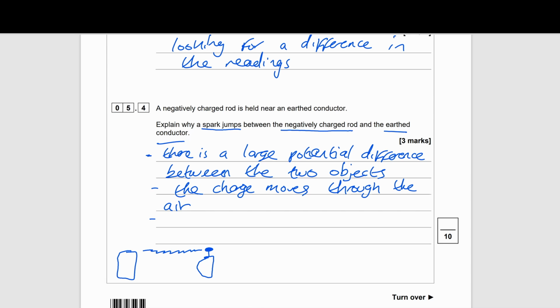The thing that's negatively charged is the rod. So it means that it's going to move to the conductor. We need to make that direction clear. Our negatively charged rod has got a difference in potential energy to that of our conductor. The electrons, which are the charge, are then going to move to the conductor through the air.